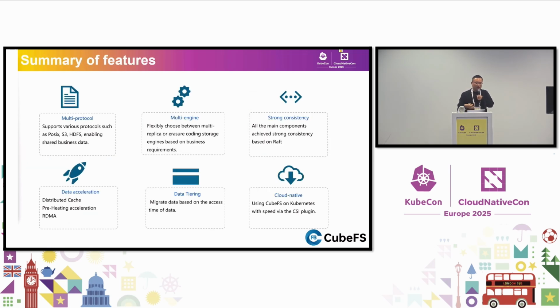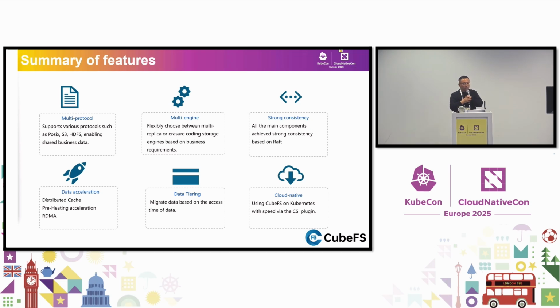Now, let me highlight the features of CubeFS. Firstly, CubeFS supports multiple protocols. Secondly, CubeFS has 2 storage engines, including multi-replica and erasure coding storage engines. Thirdly, all the main components achieve strong consistency based on Raft and Quorum.